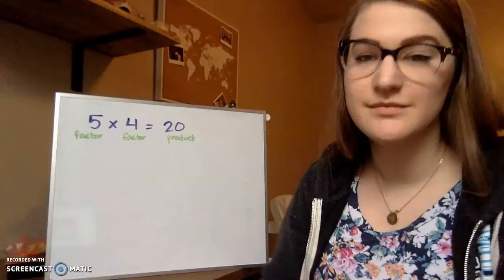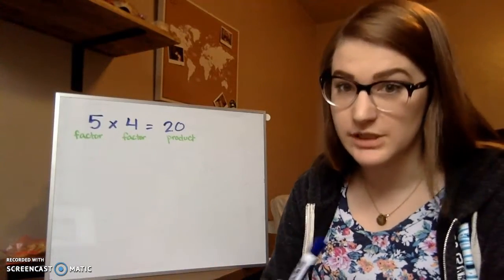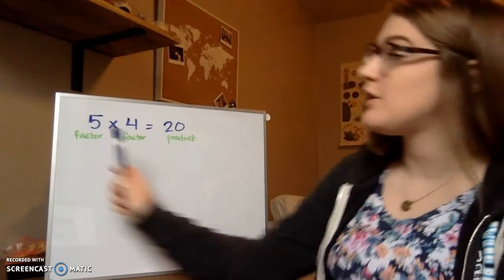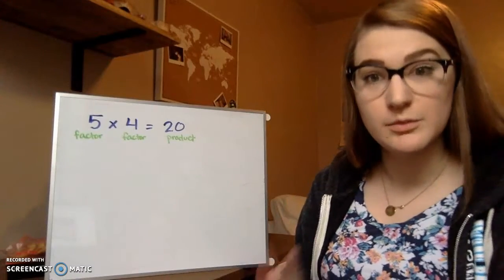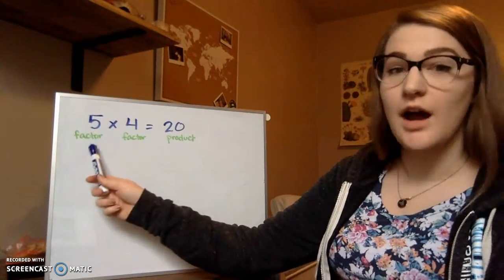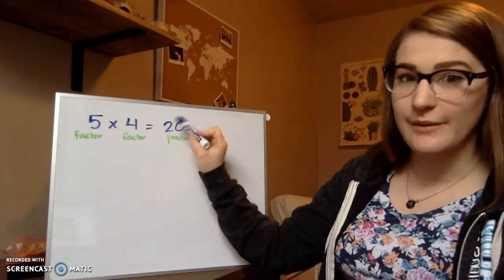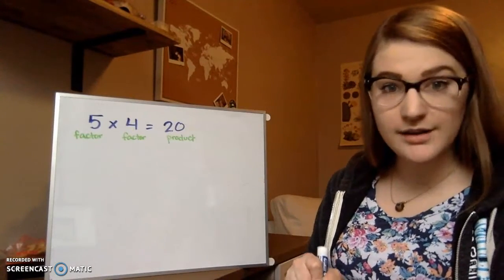All right, so just like we went over some of the vocabulary for addition and subtraction, we're going to do the same with our multiplication and division. So in multiplication, the two numbers that are being multiplied together are called our factors. And then the total that we get from multiplying two numbers together is called a product.